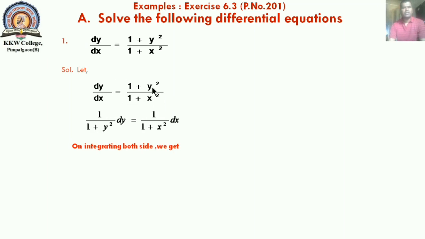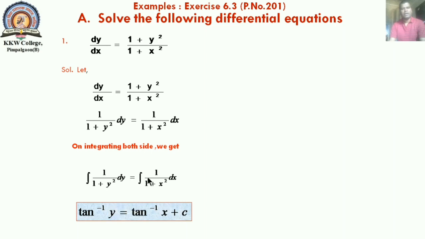On rearranging, the term of x along with dx on one side and the term of y along with dy on the other side, the variables get separated. Integrating on both sides by using standard formula, integration of 1 upon 1 plus y square dy is tan inverse y, and integration of 1 upon 1 plus x square dx is tan inverse of x plus constant of integration. This is your general solution of the given differential equation.